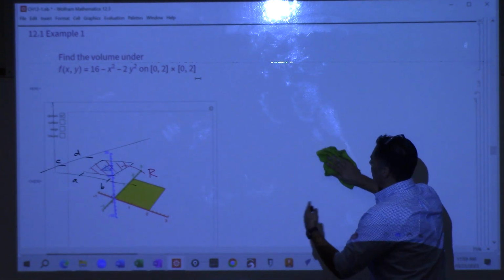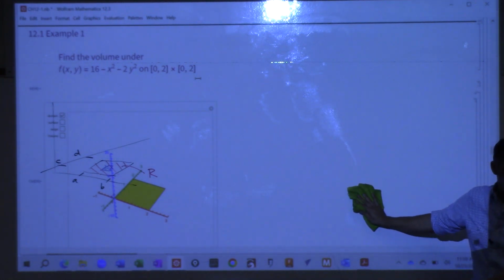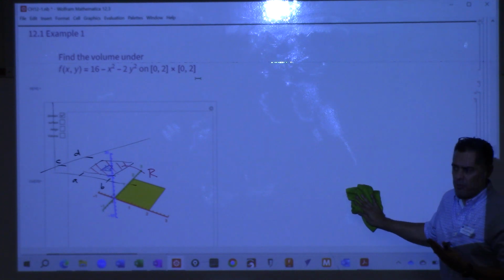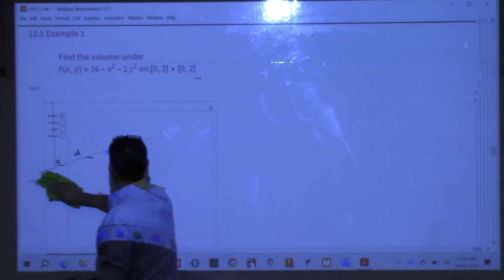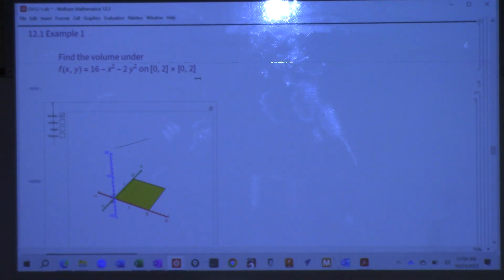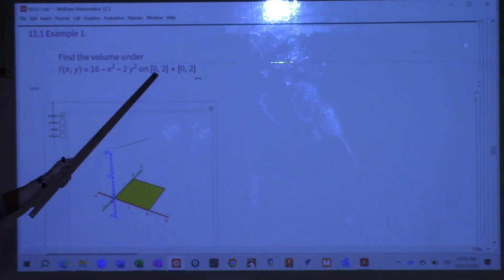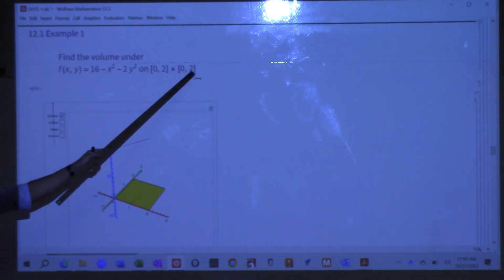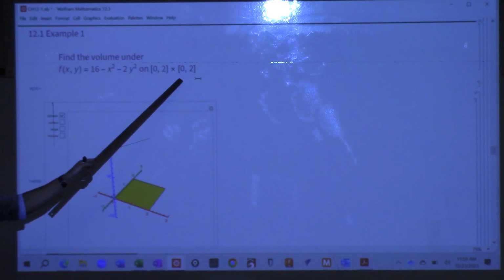Find, and is it obvious that this calculates the volume underneath the surface? I mean, that's what motivated the whole idea. So we have a problem here. We're supposed to find the volume under this surface on 0,2 cross 0,2. That notation is the first time I've used this in this class.